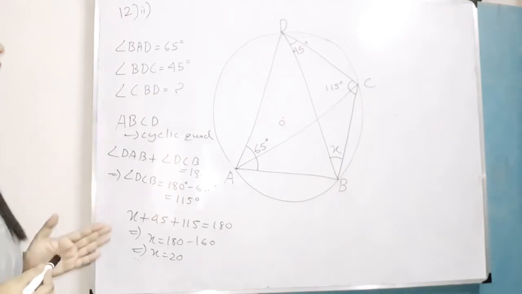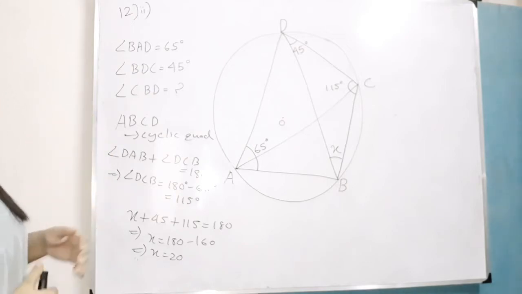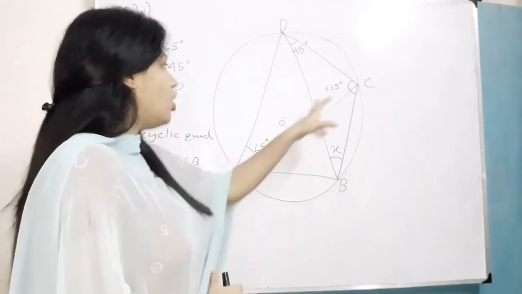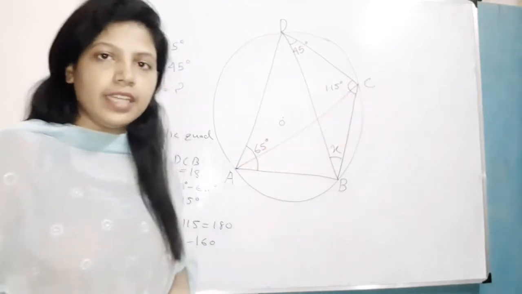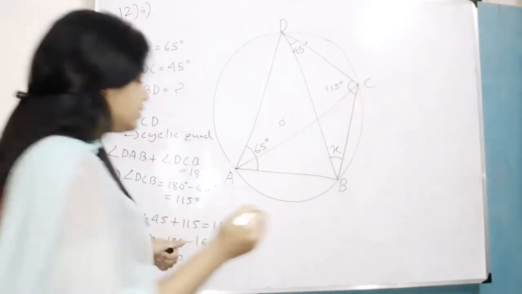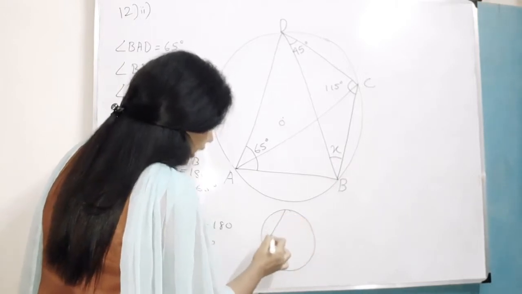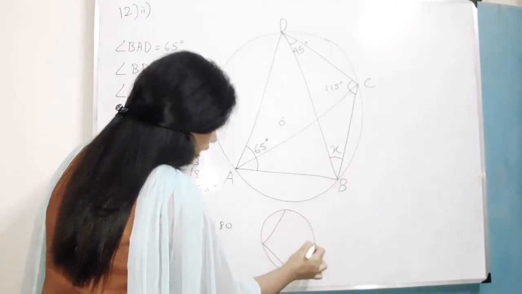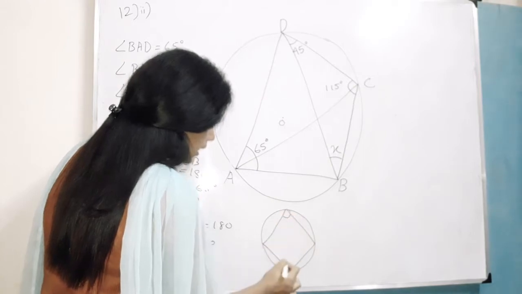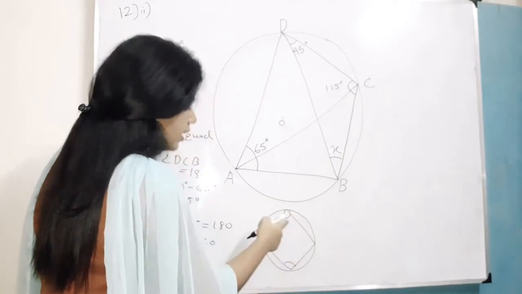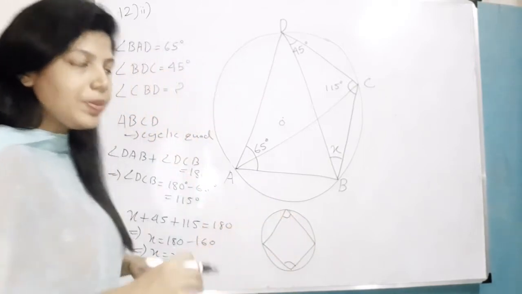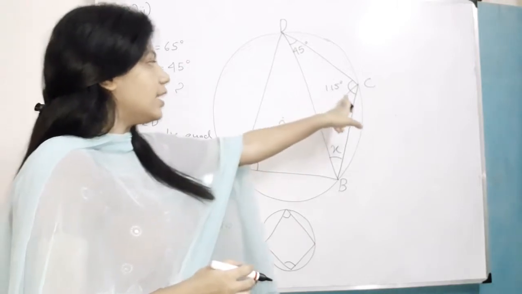I will repeat once more. If ABCD is a cyclic quadrilateral, we know that the sum of the opposite angles will be 180 degrees. One theorem says that if I take one circle and it is a cyclic quadrilateral, then the opposite angles are supplementary. That means this plus this equals 180. Just like that, they are the opposite angles also.